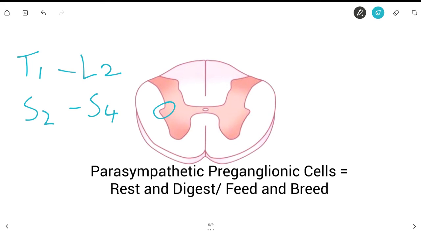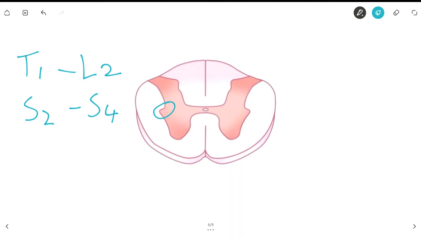So, just as a review, your sympathetic neurons, which are found in the IML in T1 to L2, are responsible for your fight or flight responses, while your parasympathetic neurons, which are found in the IML in the regions S2 to S4, are responsible for your rest and digest systems. But overall, both neurons innervate your internal organs, so just keep that in mind.